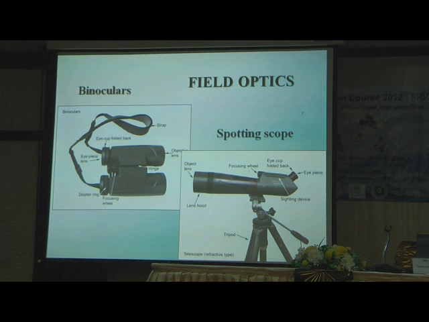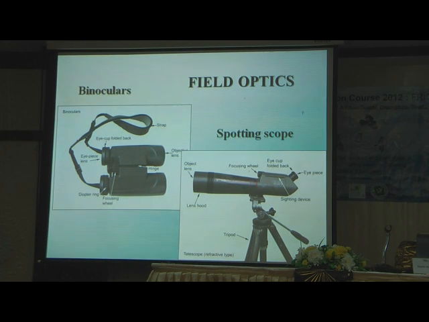Okay. The next few slides just show some examples of the kind of binoculars or telescope. For raptor watching, you should try to get binoculars of at least 10 times, because most raptors fly quite high.